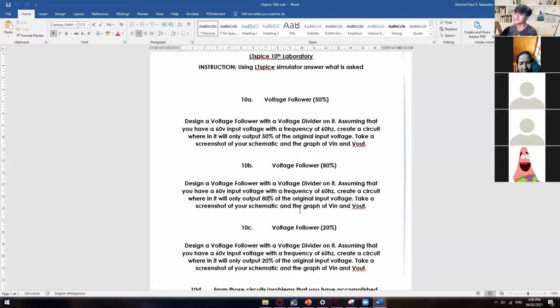All you needed to do was copy it, run it, get the graph of the V out and the V in, and take a screenshot, and that's it. But for this one, you have to analyze a little bit more.